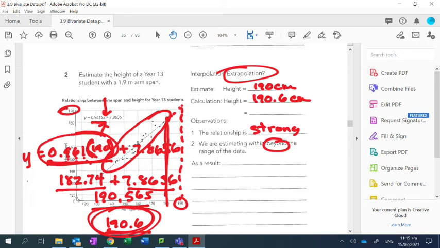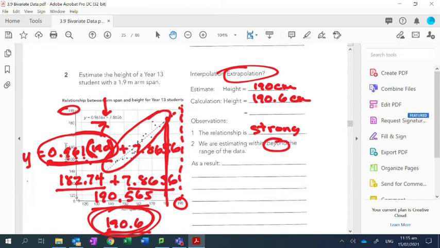Let's use theirs from the back of the book. We'll go to the back of the book and look at what they say. But I'm just kind of talking you through it, right? Can I say that it's absolutely going to be that value? No way. I can assume it is because the relationship is strong, and 190 is really not that far from my last data point of 182.